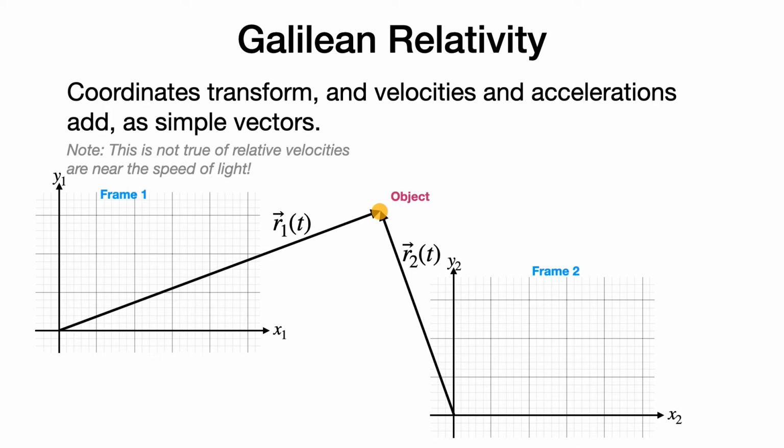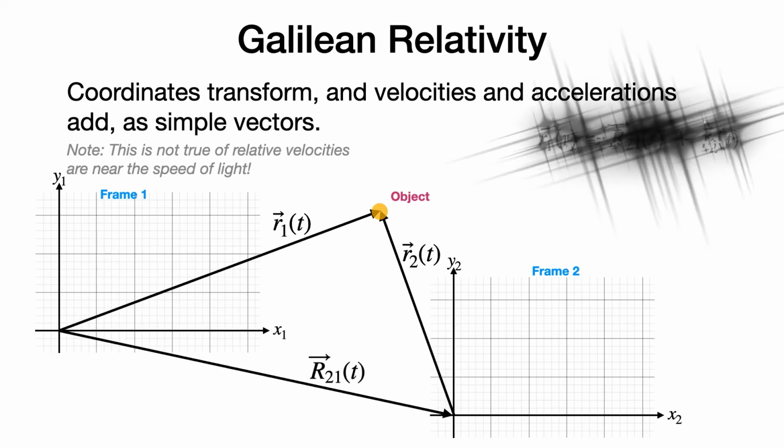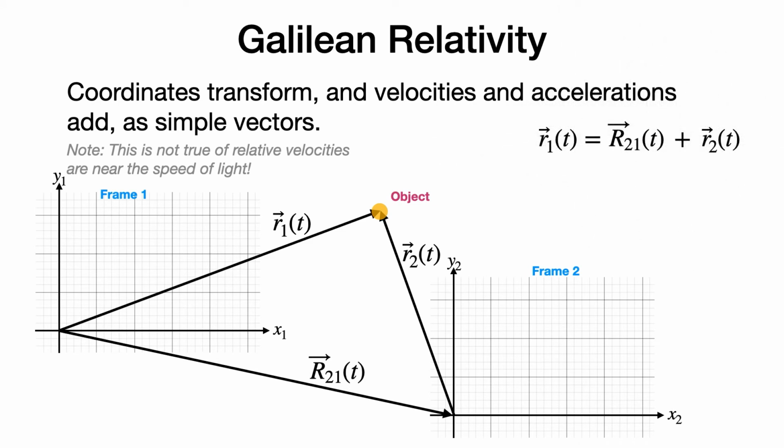So if we have a frame 1 and an object sitting there, we can see the position vector r sub 1 of that object measured relative to frame 1. And if we have another frame, frame 2, we can also measure the position vector of that object relative to frame 2. And the two frames, well, we can measure the relative positions of the origins of the two frames.